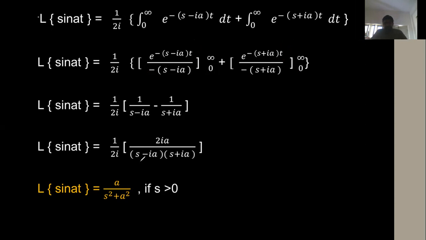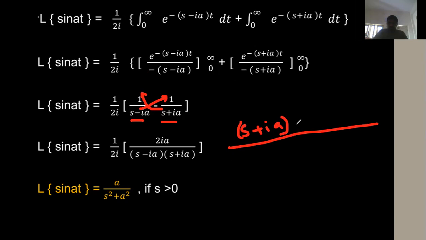What will the LCM be? 1 by, some division, that is nothing but s minus ia into s plus ia. Okay, and this term will be first multiplied with respect to this first term, and this will be multiplied with respect to this second term. So you get s plus ia minus s minus ia, by s plus ia into s minus ia.